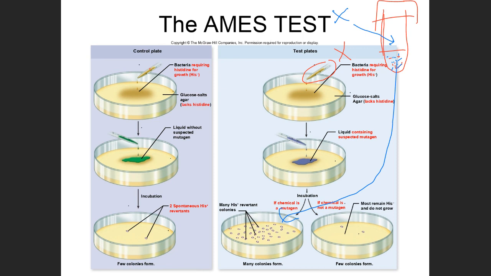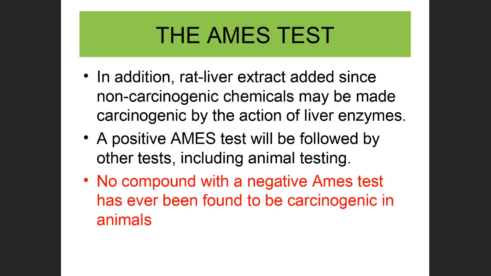Most remain histidine negative and no growth. Never mind. I really don't like this picture. Okay. They're just confusing. Give me a second. Let me get myself my own little whiteboard.